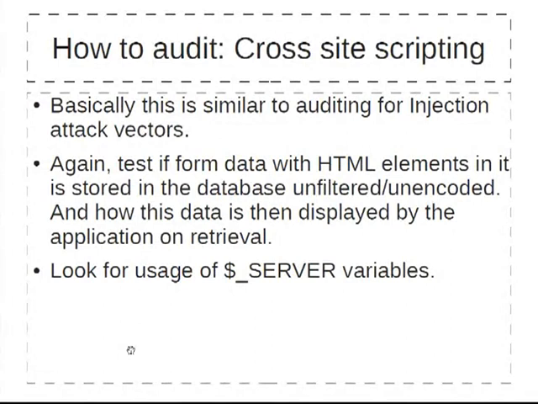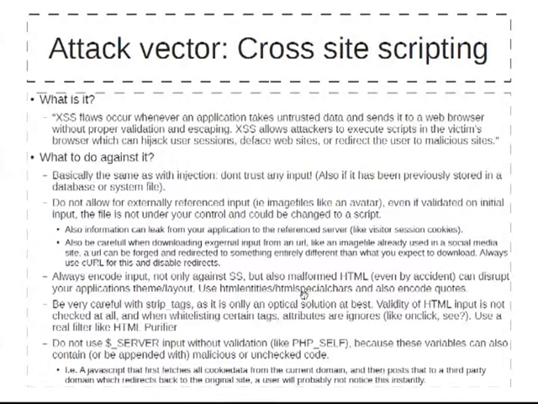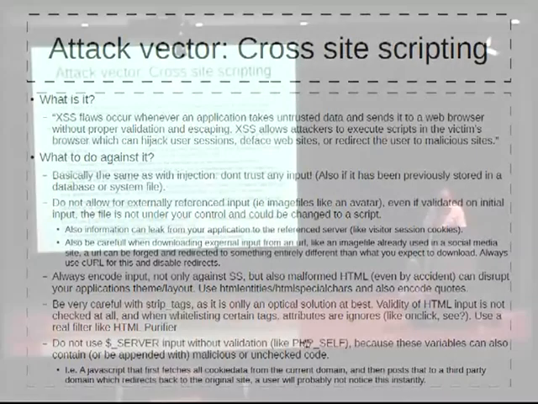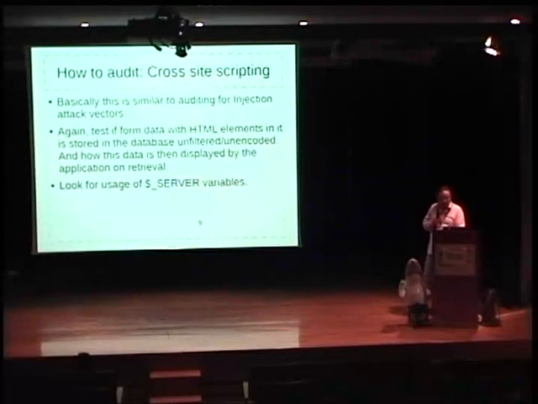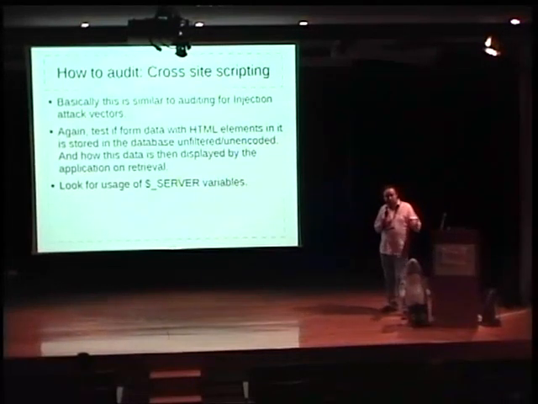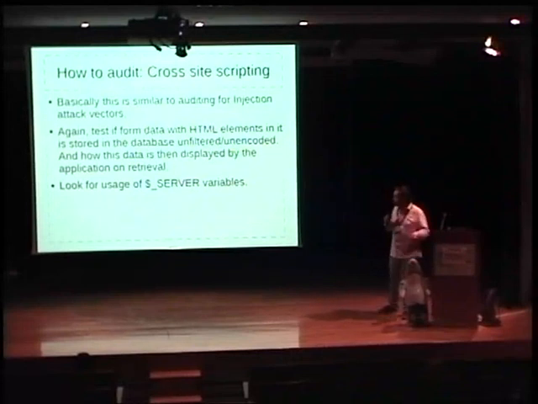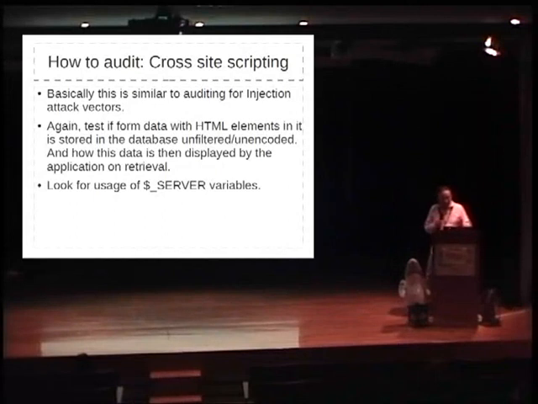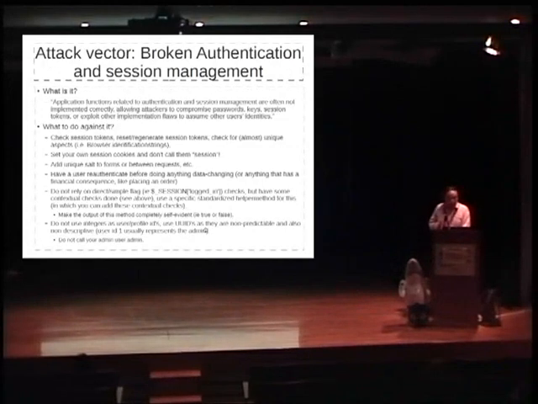Well, basically it's similar to SQL injection or any kind of other injection. And also look for the usage of server variables, because they can also be overridden. PHP_SELF, for instance, is a variable that is pretty easily alterable if you supply Apache with the right information in a GET statement. Look for that online, it's cool.